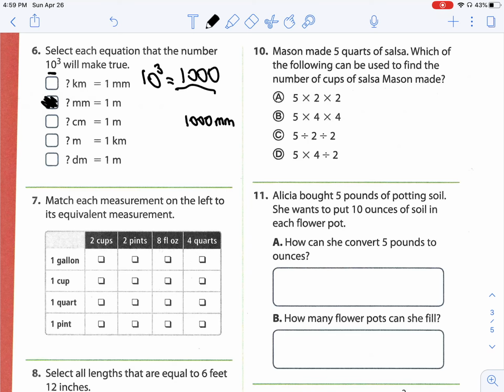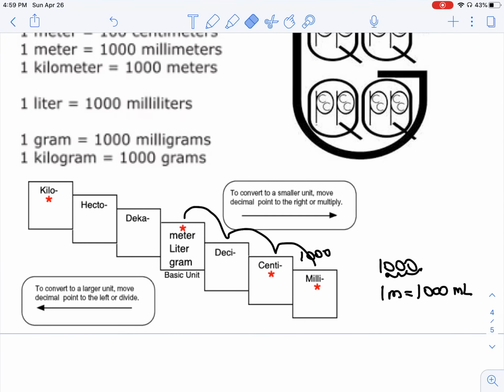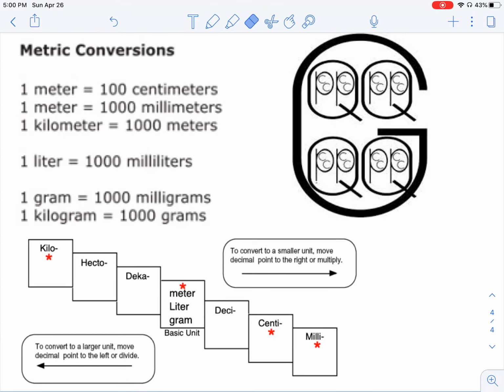1,000 meters equals 1 kilometer. I think that's true, but let's make sure. Instead of millimeters, this time we're talking kilometers. So 1,000 meters equals how many kilometers? We have to move the decimal 1, 2, 3 places to the left.